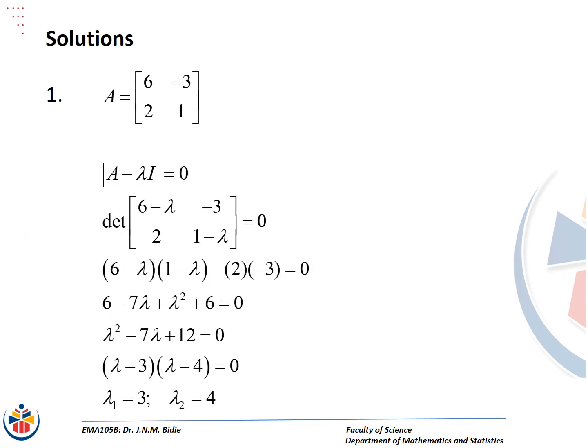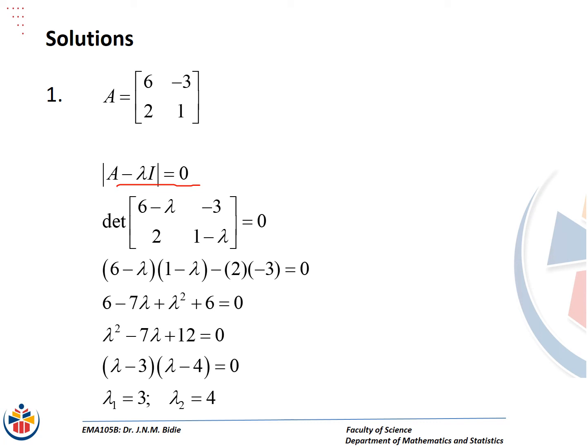Number 1, the matrix is a 2 by 2 matrix: 6, 2, negative 3, and 1. So the first thing we write down is that the determinant of A minus lambda I must be equal to 0.